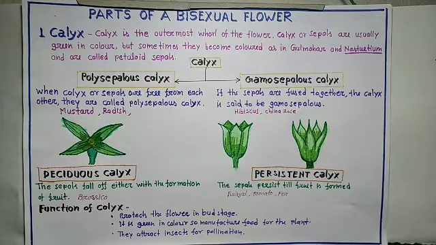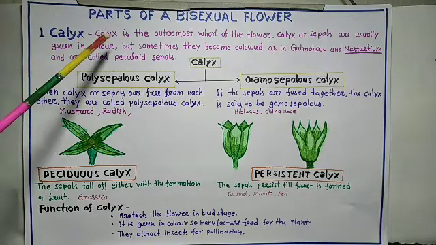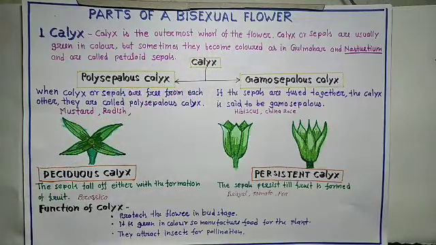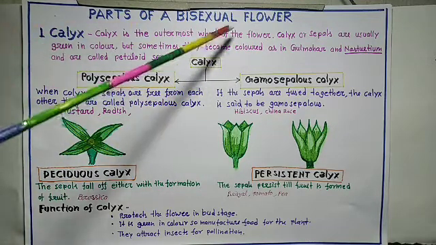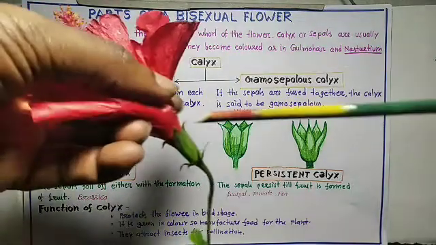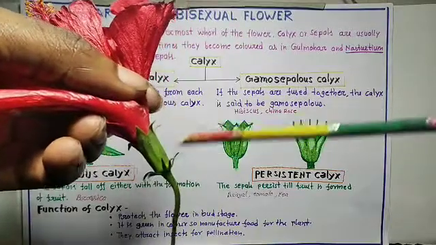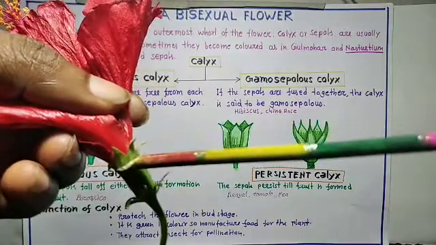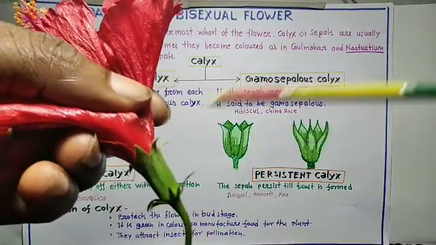First of all, calyx. What is calyx? Calyx is the outermost whorl of the flower. Yes, you can see here, this is a calyx, green. This is an epicalyx and this is a calyx. This is the outermost whorl of the flower.